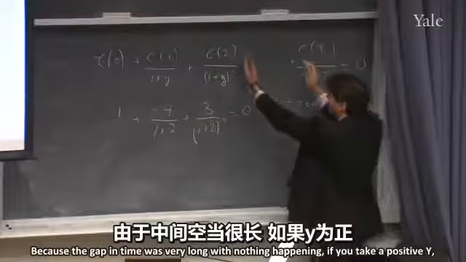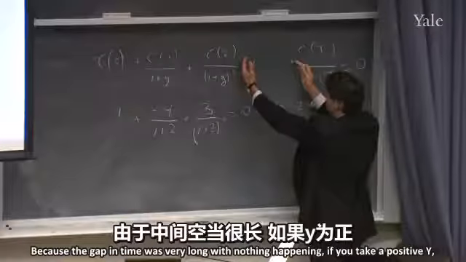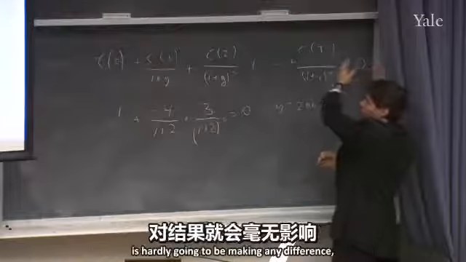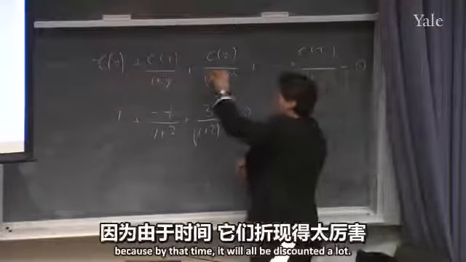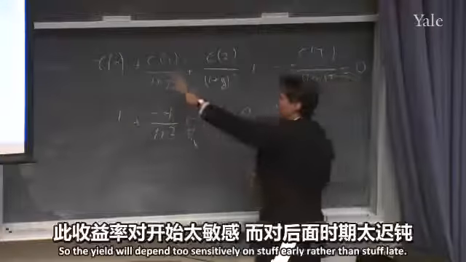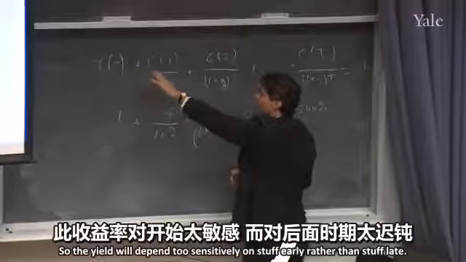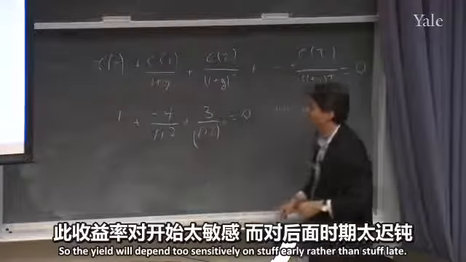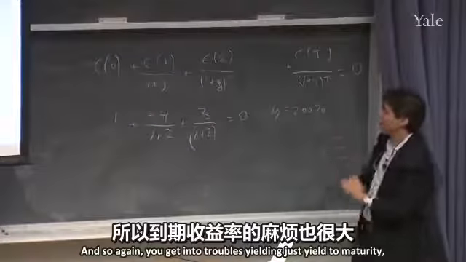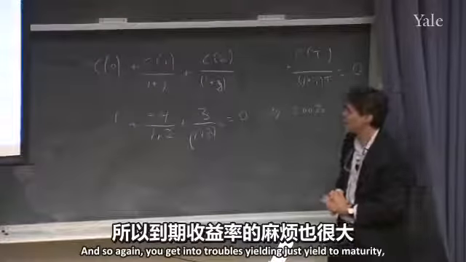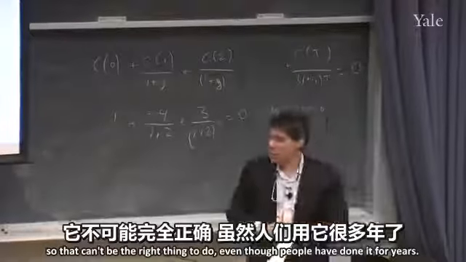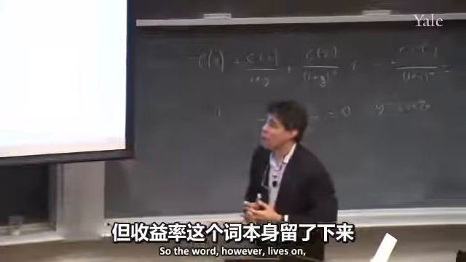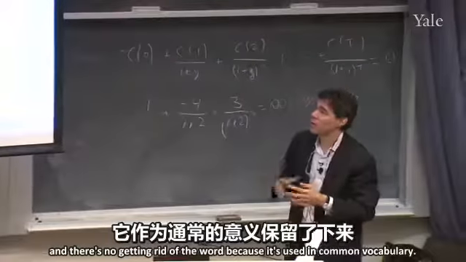Well, because the gap in time was very long with nothing happening, if you take a positive y, the stuff that happens in the second incarnation of the fund is hardly going to make any difference, because by that time it'll all be discounted a lot. So the yield will depend too sensitively on stuff early rather than stuff late. And so, again, you get into trouble with just yield to maturity. So that can't be the right thing to do, even though people have done it for years. So the word, however, lives on, and there's no getting rid of the word because it's used in common vocabulary.